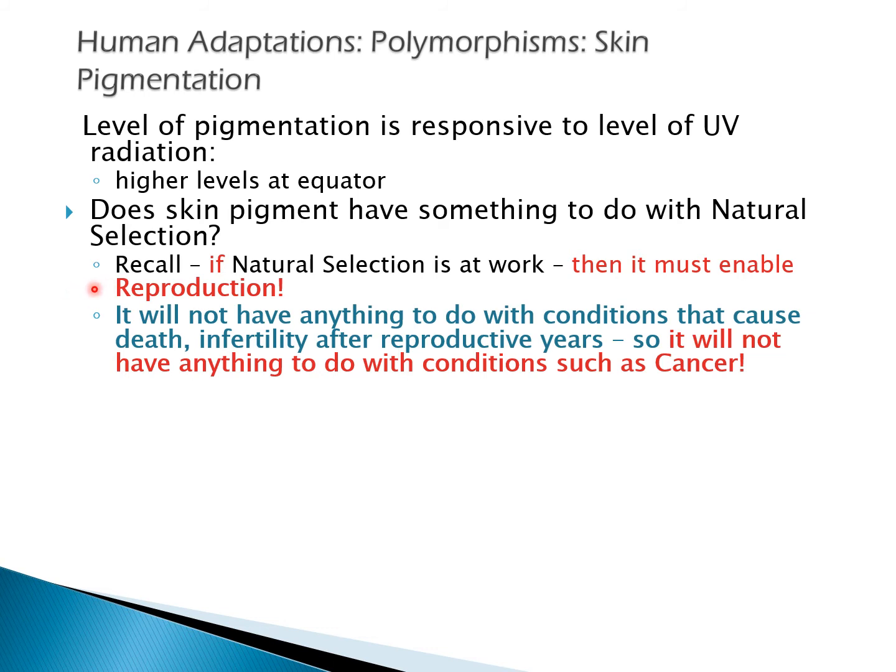It does not have anything to do with conditions that happen later on in life, such as diseases like maybe cancer or something else that comes on later. So it is not going to play a role in skin pigmentation.